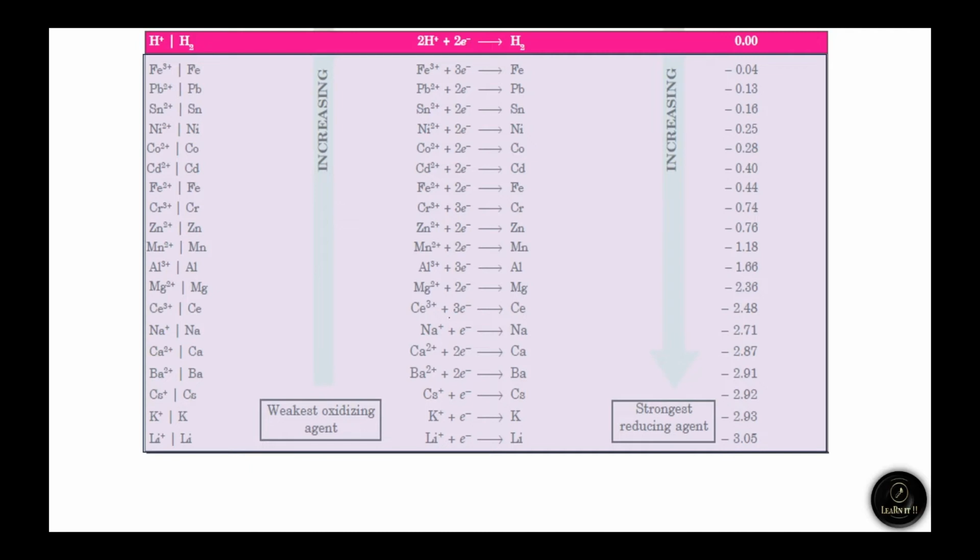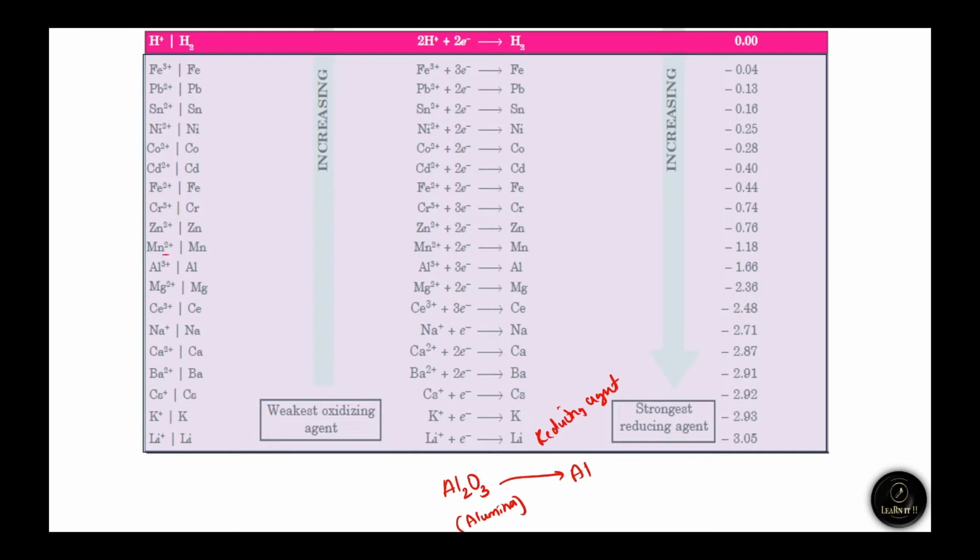The relative strength of reducing agents is used in metallurgical operations, or in the purification of metals from metal oxides. Here we have aluminum oxide, called alumina. From alumina to aluminium we use a reducing agent. So how to select the reducing agent?